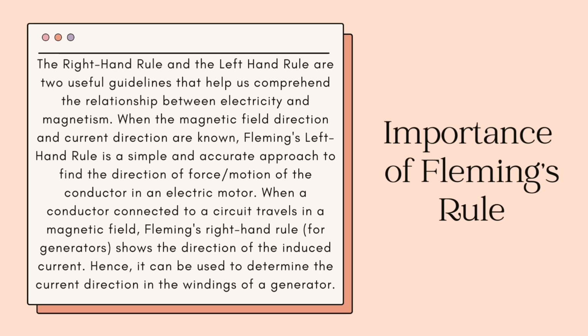When a conductor connected to a circuit travels in a magnetic field, Fleming's right-hand rule for generators shows the direction of the induced current. Hence, it can be used to determine the current direction in the windings of a generator.